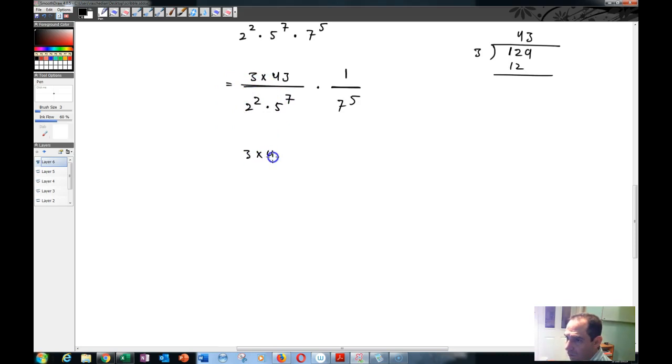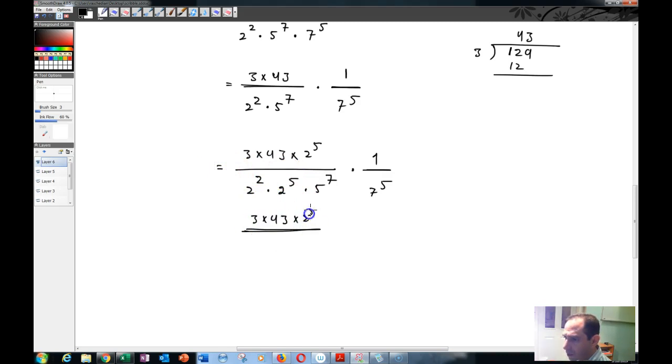So 3 times 43 times 2 raised to the power 5 over 2 raised to the power 2 times 2 raised to the power 5 times 5 raised to the power 7, times 1 over 7 raised to the power 5. And then here you have 2 raised to the power 7. So you have 3 times 43 times 2 raised to the power 5, and this is 2 raised to the power 7 times 5 raised to the power 7 times 1 over 7 raised to the power 5.